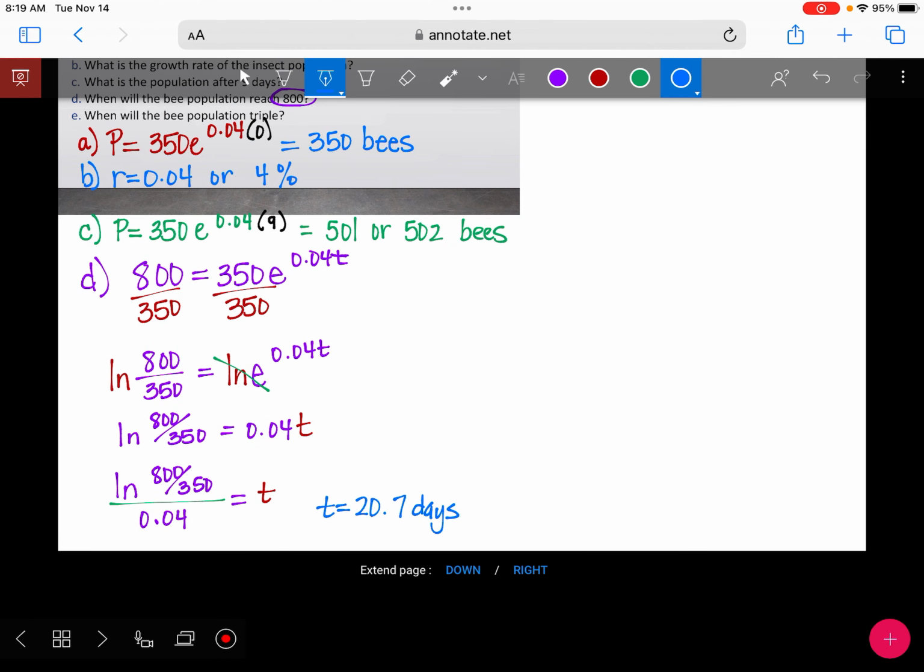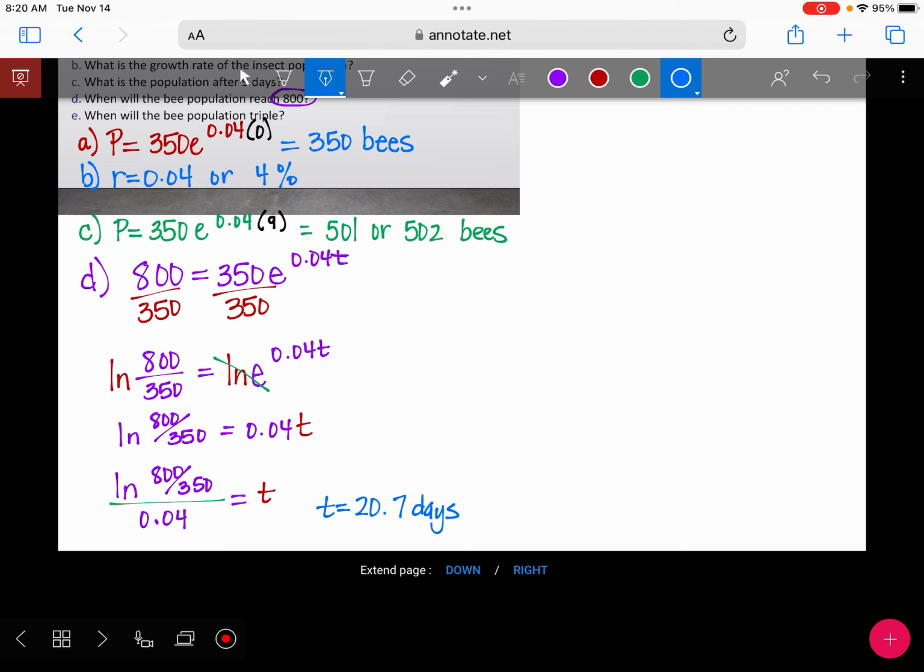Go ahead and zoom out. That's what you should have for part D. Not population, right?